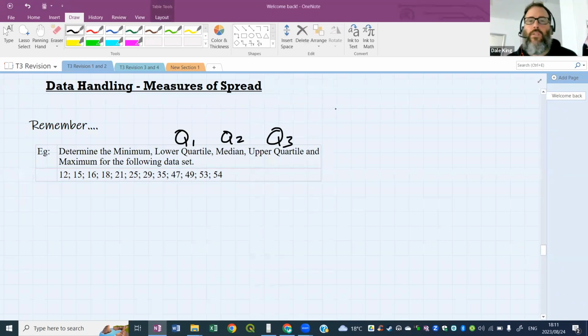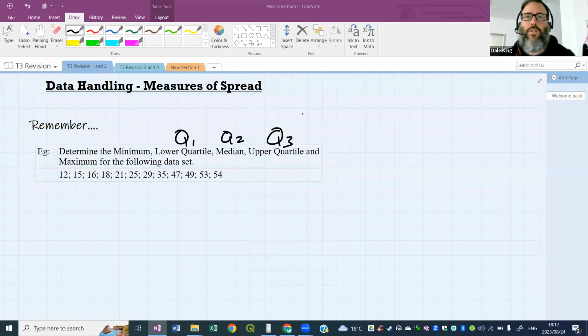All right. I hope you guys have got some answers there, at least minimum, median, and maximum for this data set. Well done, lady. Got a minimum there. Minimum and maximum, probably the easiest parts to this, then the median, and then the quartiles.